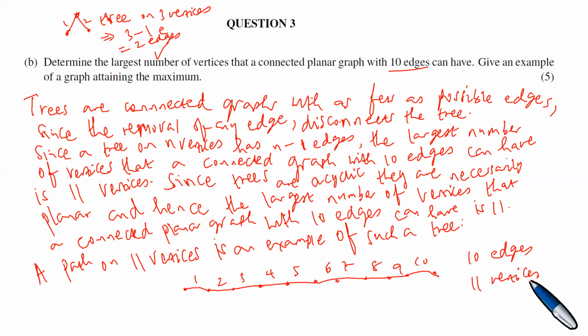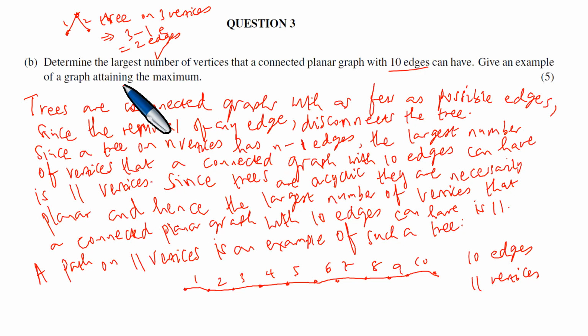And now this question was saying: determine the largest number of vertices that a connected planar graph with 10 edges can have, and give an example of a graph attaining the maximum. So what do we have?